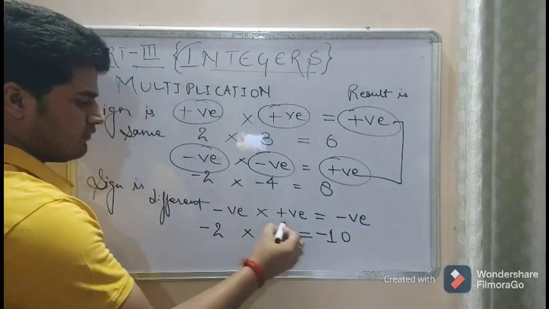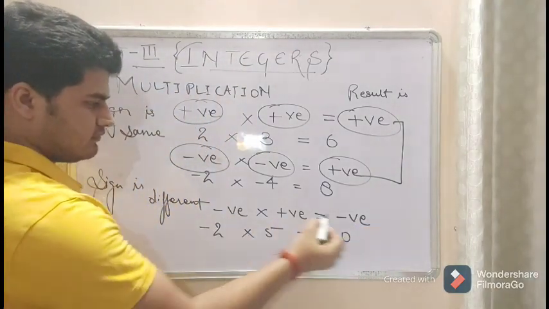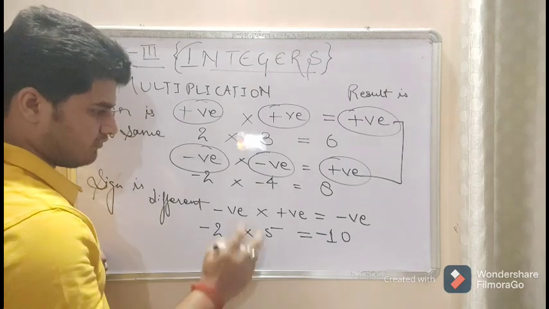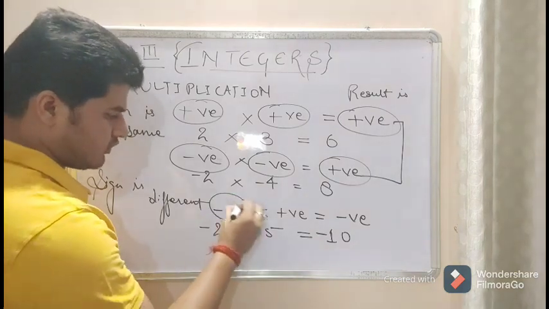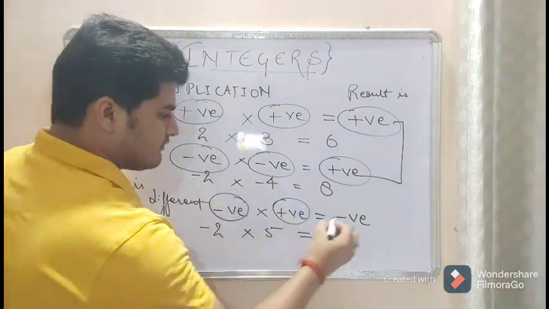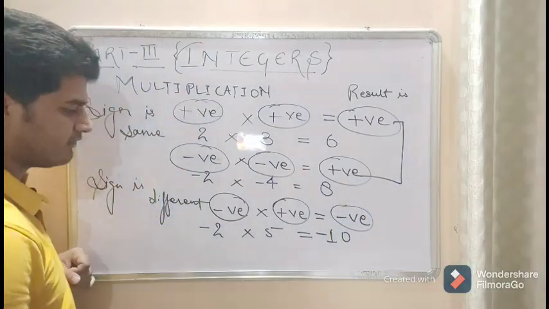So if one of the numbers is negative, the result is going to be negative. So negative multiplied by positive gives you the result negative.